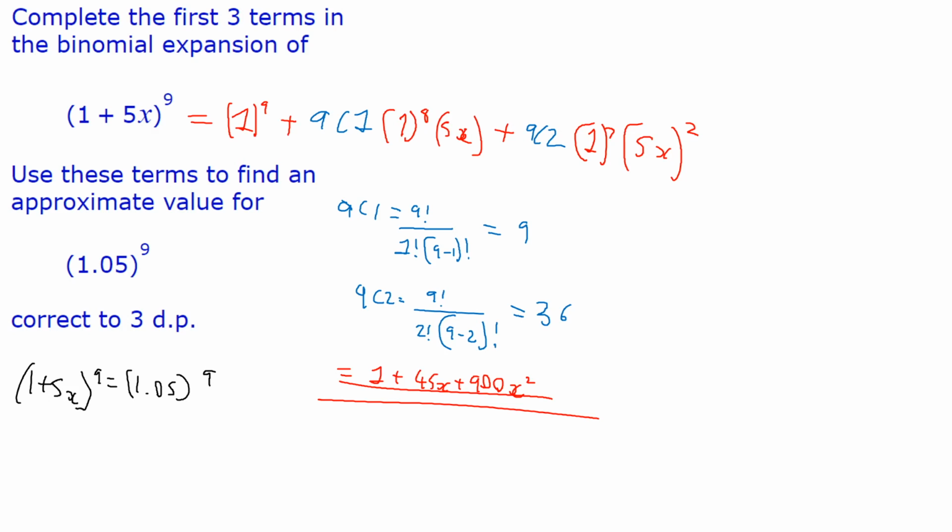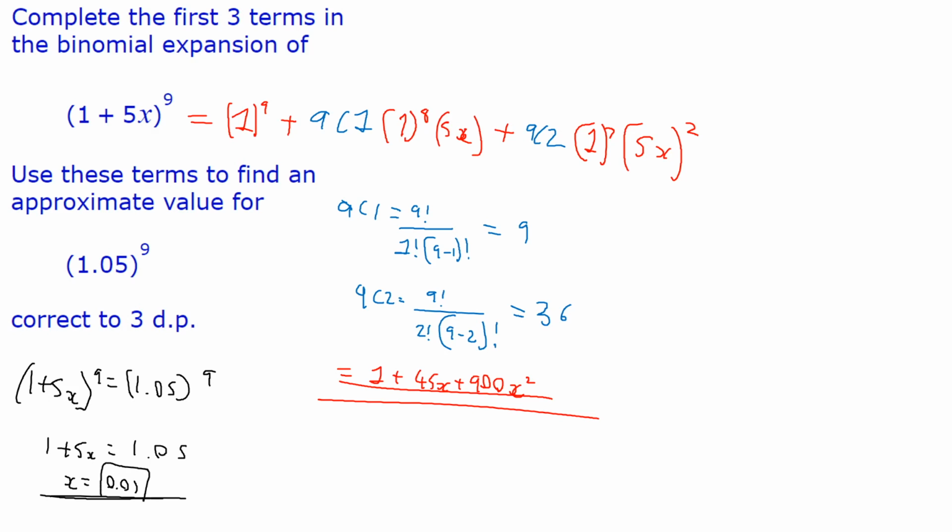So 1 plus 5x is equal to 1.05, and therefore x is equal to 0.01.